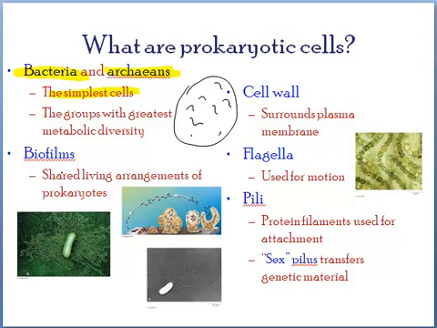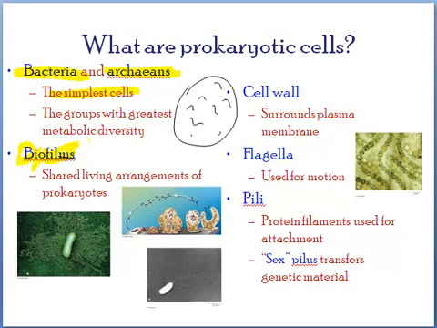Prokaryotic cells are also found, for example, on your teeth. There are lots of living organisms that are arranged, and they constitute what is called a biofilm. Not all prokaryotic cells are harmful to us. Lots of prokaryotic cells have very important functions within human bodies or other multicellular organisms.